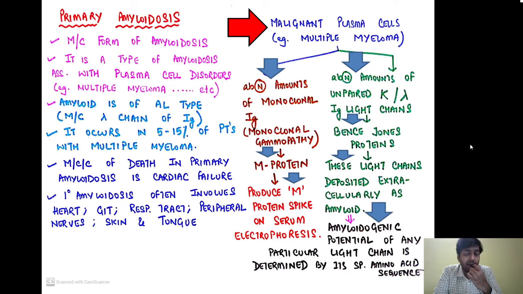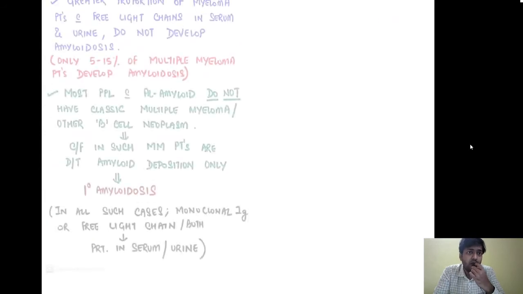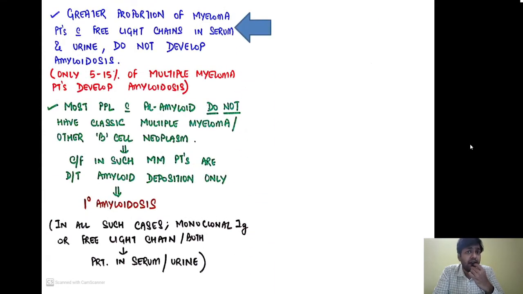Remember one thing: the amyloidogenic potential of any particular light chain is dependent on its specific amino acid sequence. Moving ahead, remember that a greater proportion of myeloma patients with free light chains in serum and urine do not develop amyloidosis. As I already mentioned, only 5 to 15% of multiple myeloma patients develop amyloidosis.